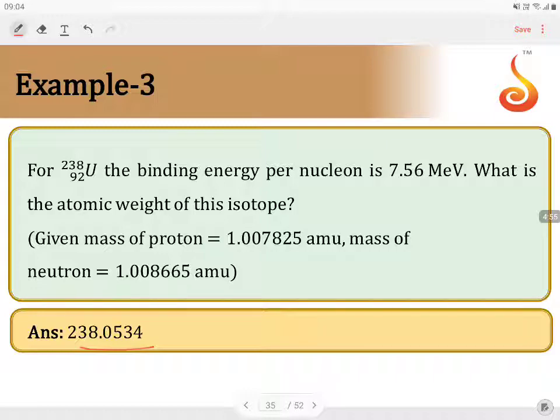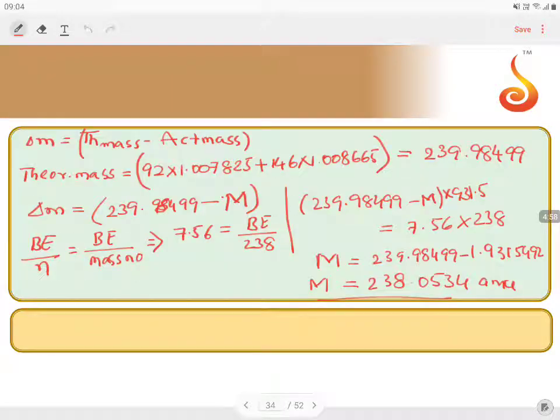So what did we do? Again, I'll just revise it. First, we have to find delta M. For delta M, we have to know the theoretical mass. Theoretical mass is the number of protons times the proton mass plus the neutrons times the neutron mass. So we got the expected 239.98499. After this, delta M is theoretical mass minus actual mass. The question is to find actual mass, so M, you keep it unknown. The data given is binding energy per nucleon, which is 7.56.